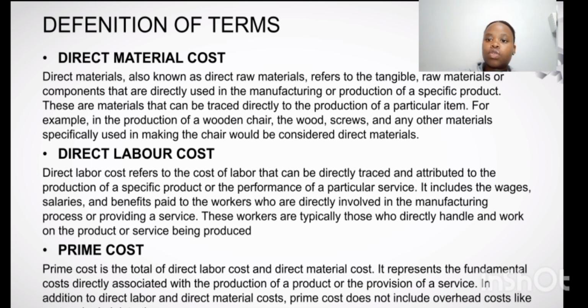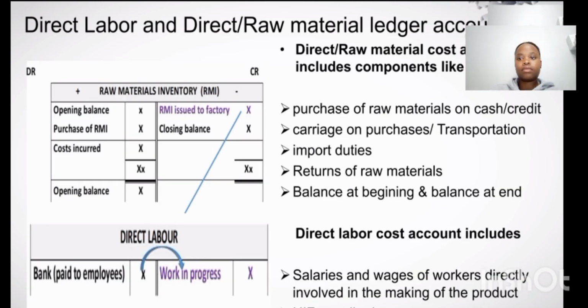So the prime cost is just adding up the costs that you need in order to make that specific product. So what do you need? You need your raw material. You need your workers to actually make that product. So when you combine those two, they give you your prime cost, which is the cost that is incurred in order to make that specific product.